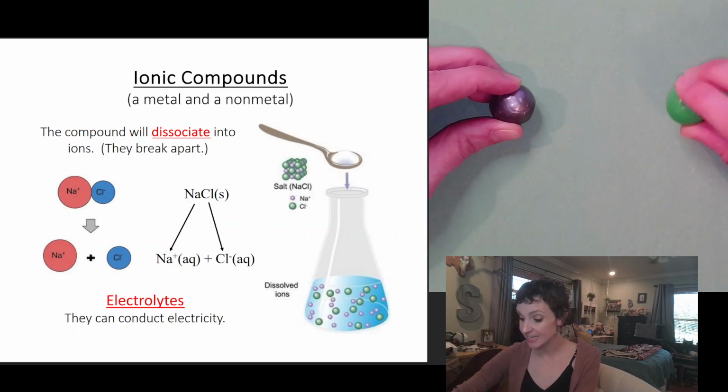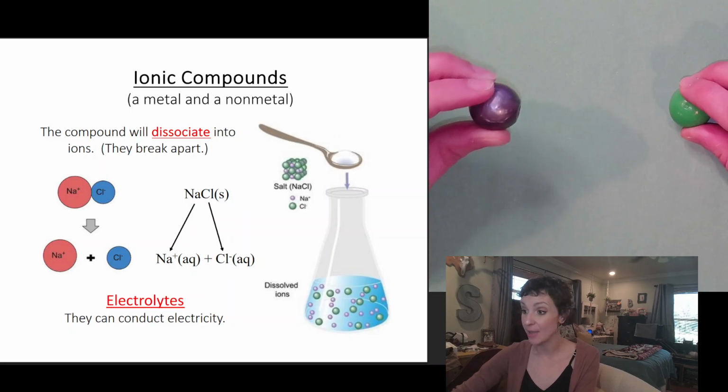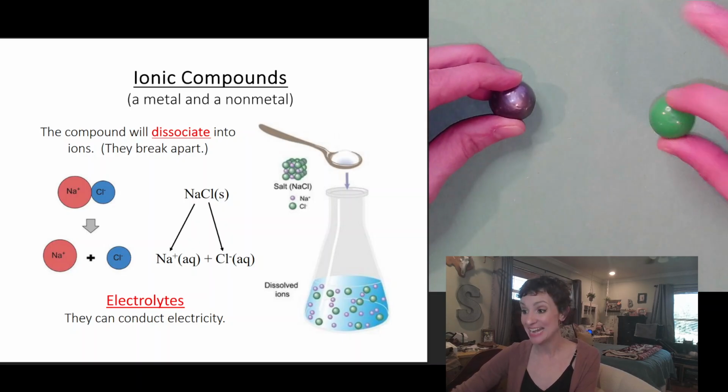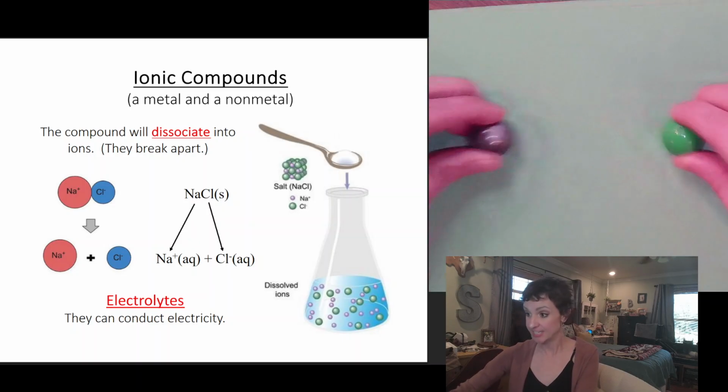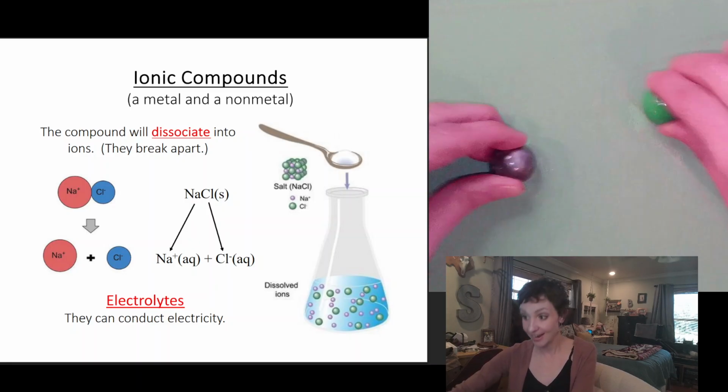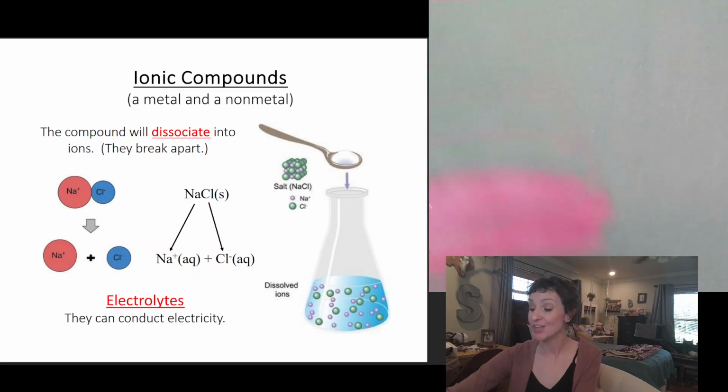That's important because I've separated them apart to where I have a positive sodium ion and a negative chloride ion. So when you think ionic compound, think dissociate. The ions break apart to where they are dissolved positive and negative charges in solution. As a result, these ionic compounds, when they're in water, can conduct electricity, so they are electrolytes.